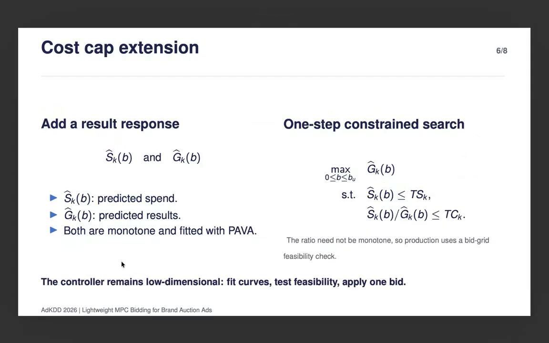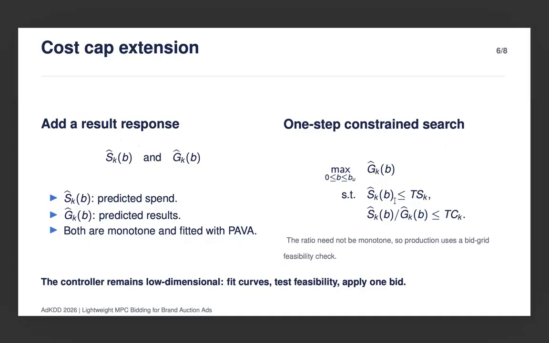As for cost cap campaigns, the same structure needs one additional response curve. We fit both the predicted spend and predicted results. The controller then selects the bid with the most predicted results, subject to two conditions here.